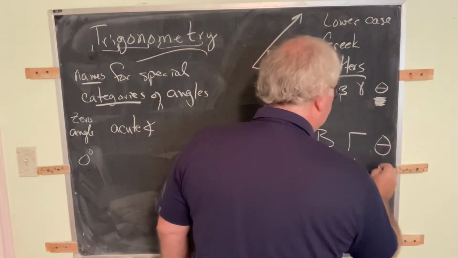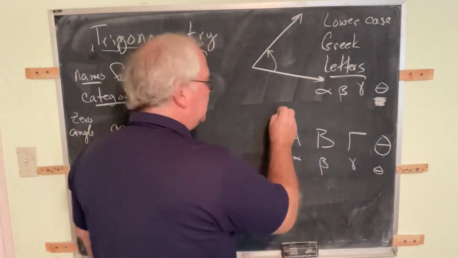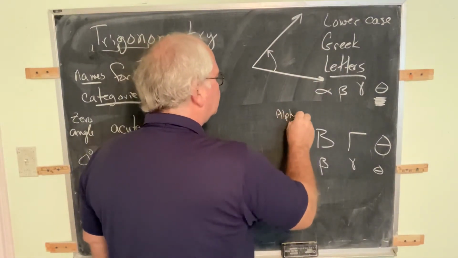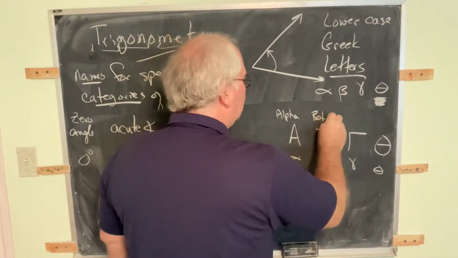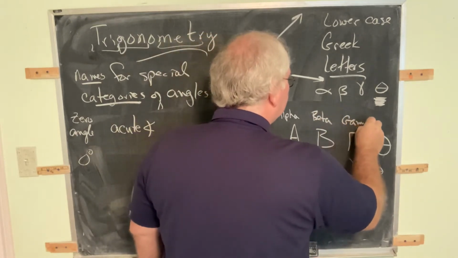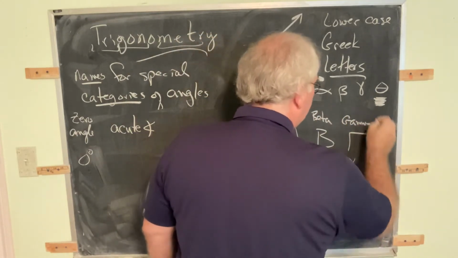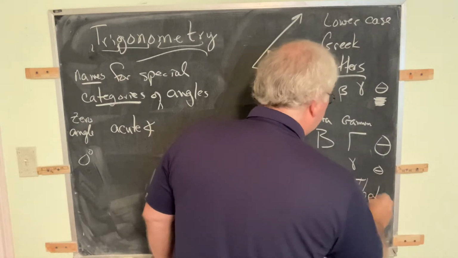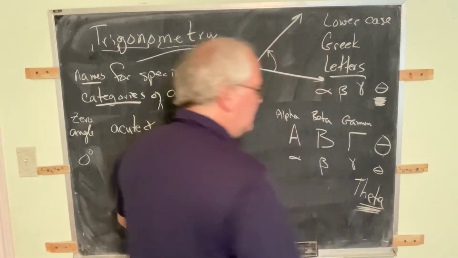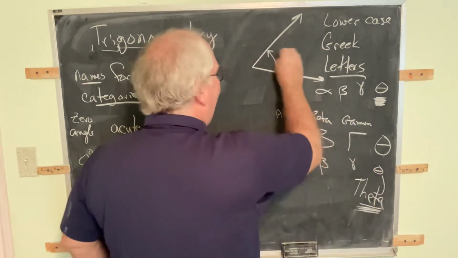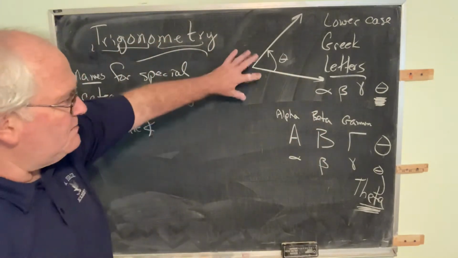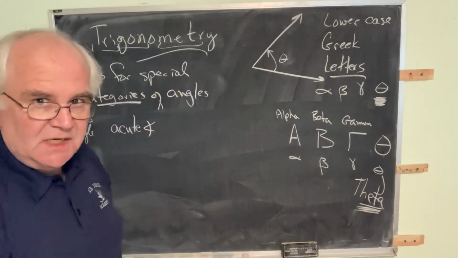Capital theta looks like this, lowercase theta looks like that. So this is alpha, beta, gamma, and this is theta. So I'm going to label my angle theta. Theta is my variable that represents my angle, all right?